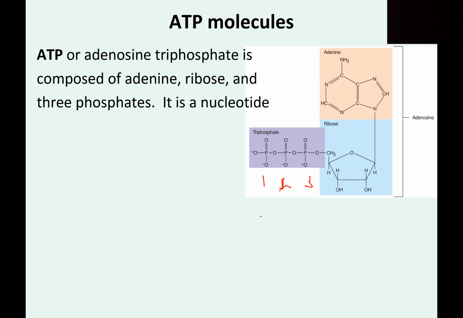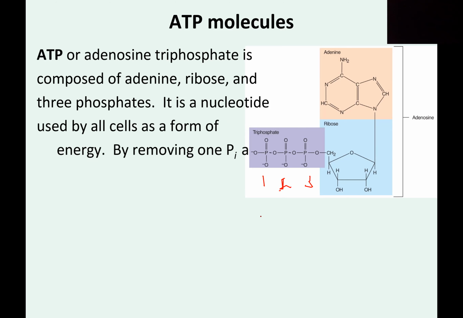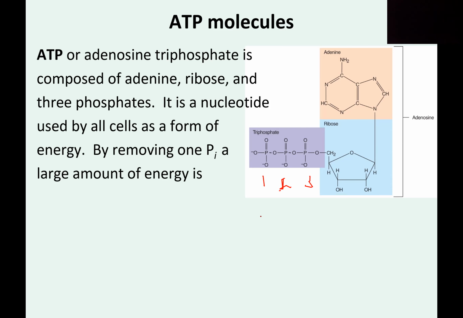It could be used to form a nucleic acid, like DNA or RNA. This particular nucleotide is used by cells as a form of energy. By removing one phosphate group, you can release a larger than usual amount of energy.